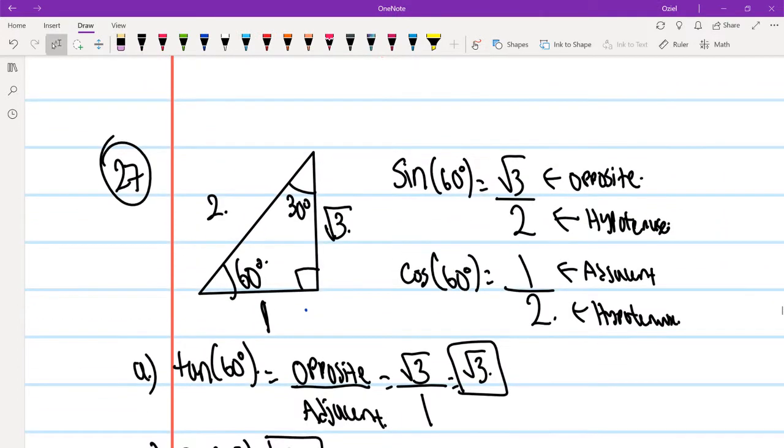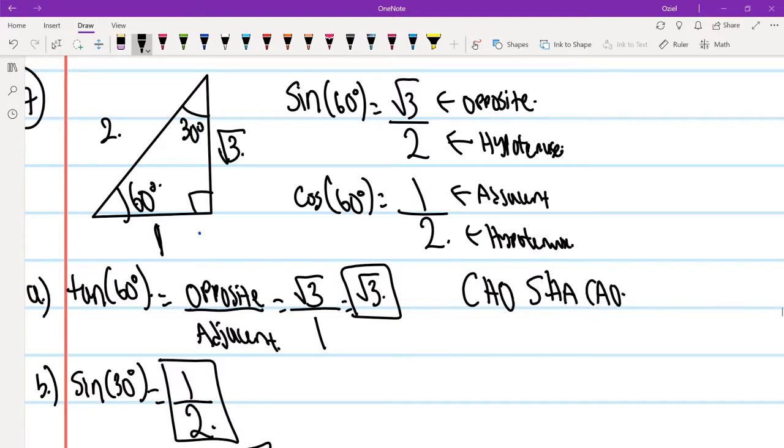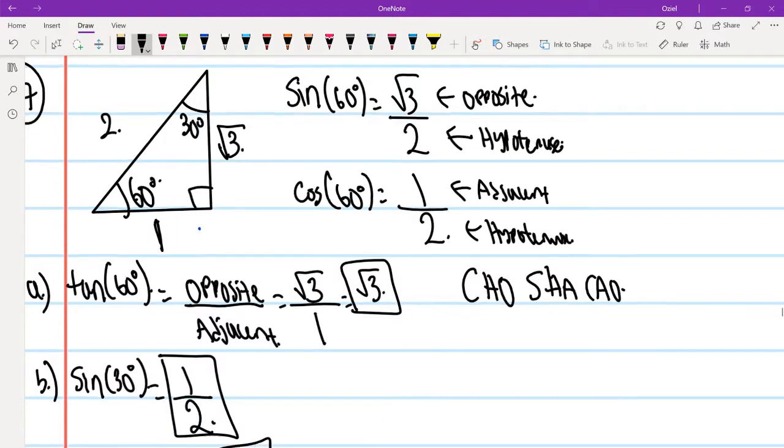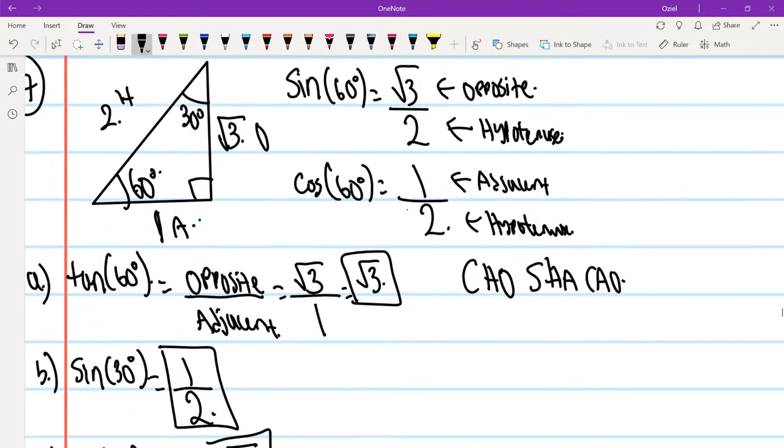So this would be opposite, this would be hypotenuse, and this would be adjacent. So if you want to look at cotangent, this first part would be cosecant of theta, the second part would be secant of theta, and this third part would be cotangent of theta.